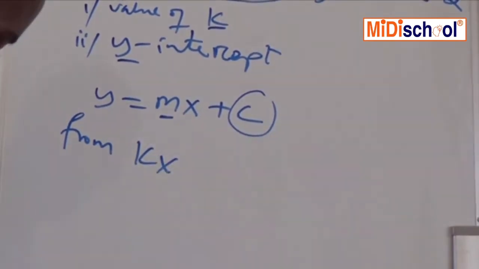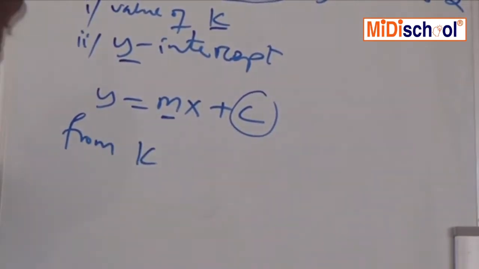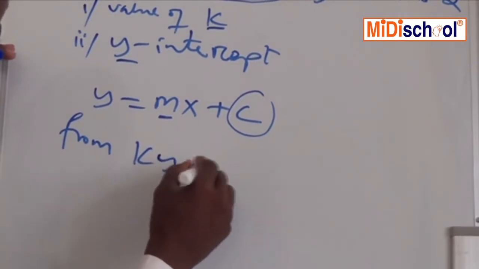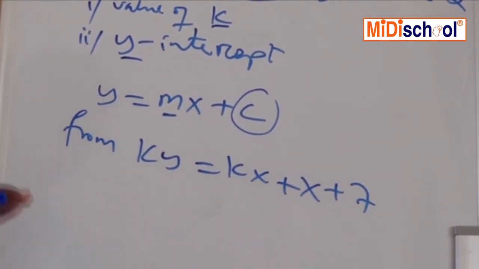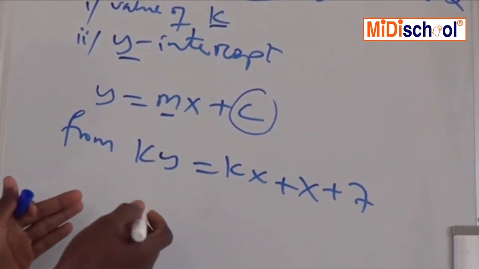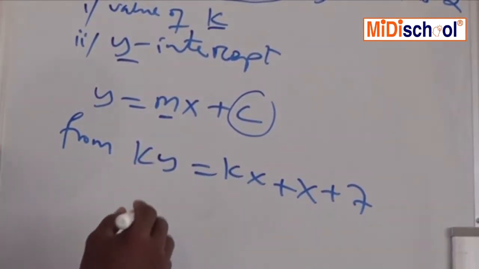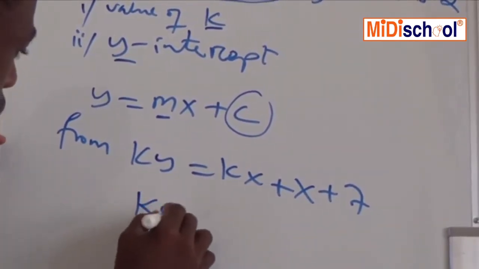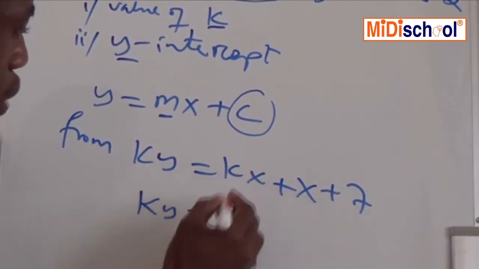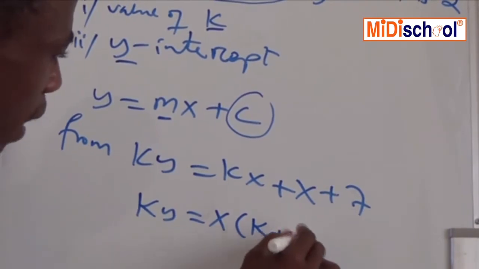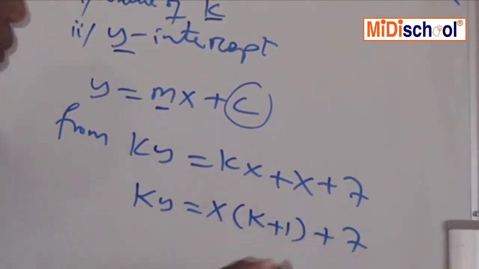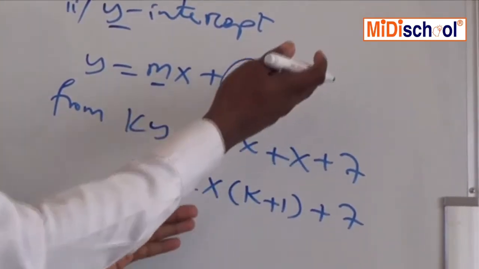Okay, so from ky is equal to kx plus x plus 7, what I can do here is to collect the like terms, that is ky is equal to factor out x here, and I'm going to remain with k plus 1, then plus 7. This is just the same equation.